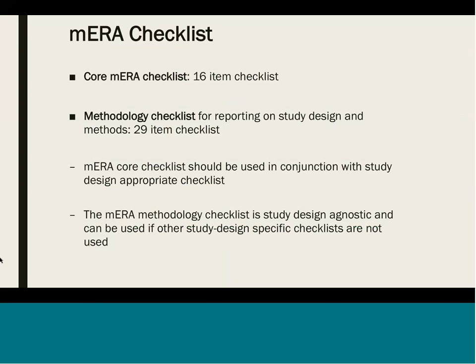So finally, the checklist comprises 16 items, which we consider the core mERA checklist. And like I previously mentioned, it has items on the content, the context, and the technical aspects of the digital health intervention. But in addition to the core mERA checklist, there's also a 29-item methodology checklist, which I'll not go into in very much detail in today's session, but the methodology checklist is available online on BMJ's website, the Equator Network.